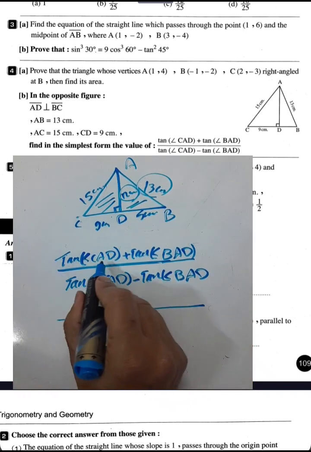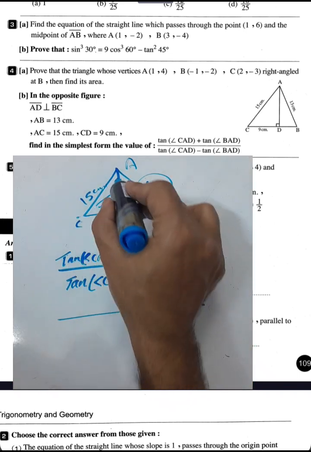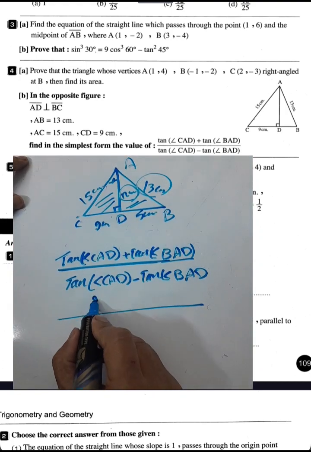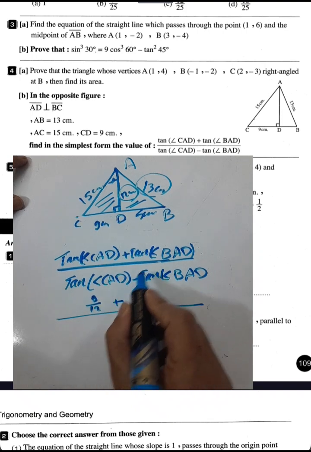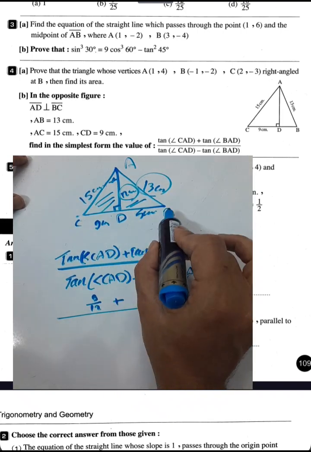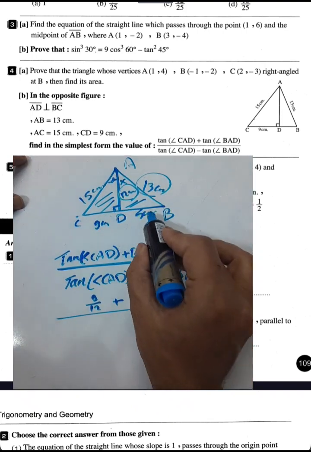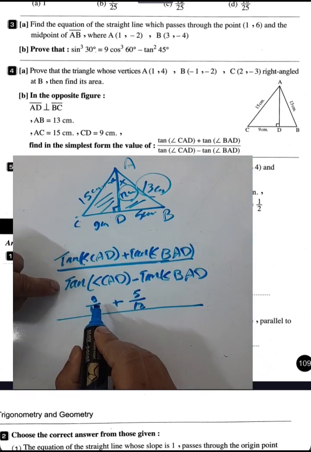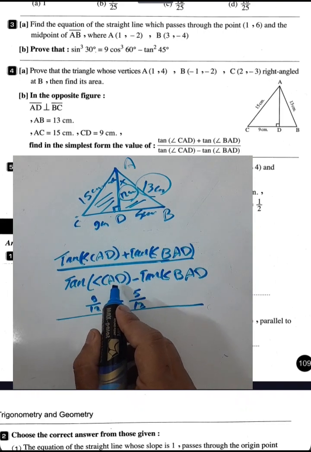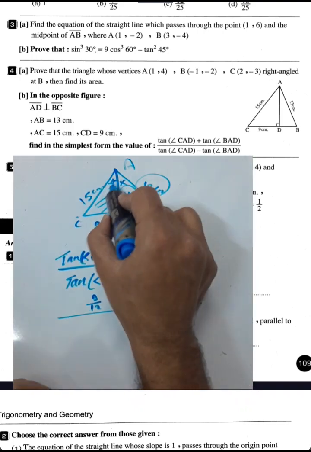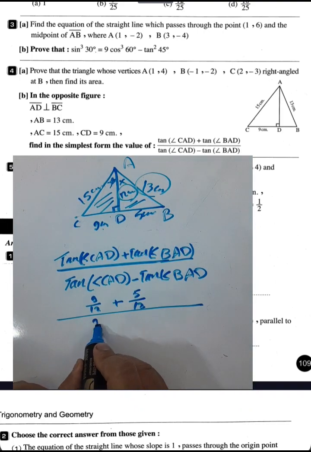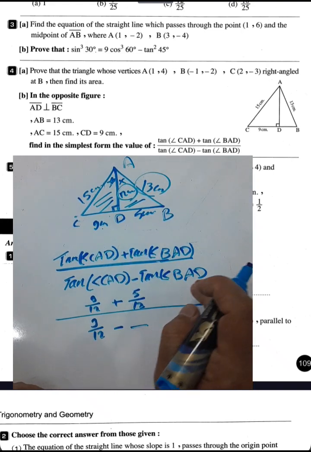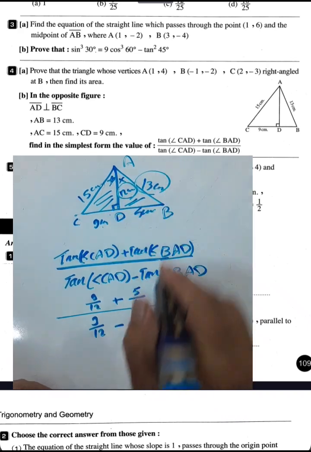Okay, tan angle CAD, this angle, is opposite over adjacent, 9 over 12, plus tan BAD, this angle, tan will be opposite over adjacent, 5 over 12. And the denominator, tan angle CAD, this angle, 9 over 12, subtract exactly tan BAD, tan 5 over 12.